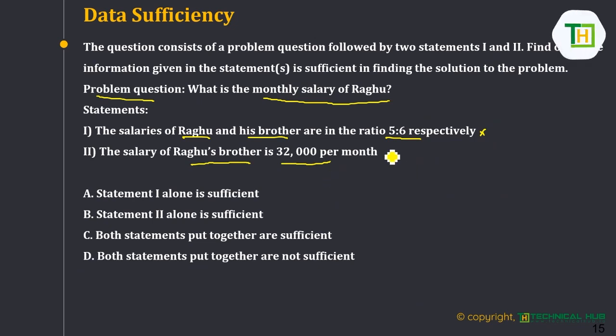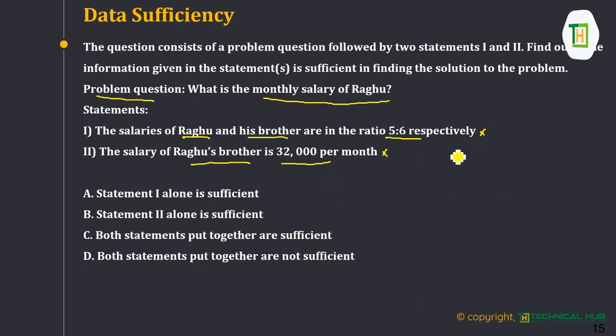So statement 2 alone is also not sufficient. Only statement 1 is not sufficient, and only statement 2 is not sufficient either.